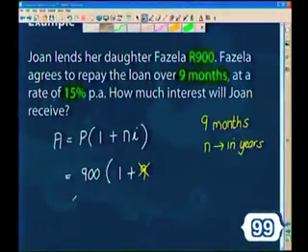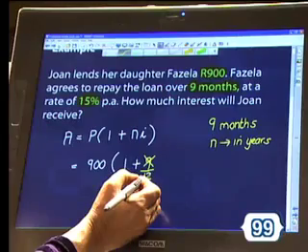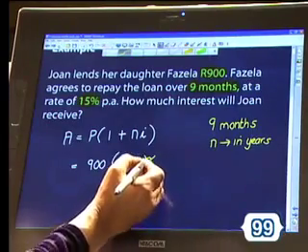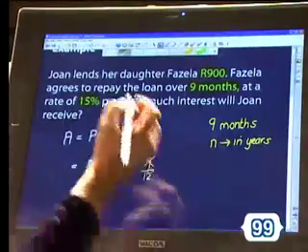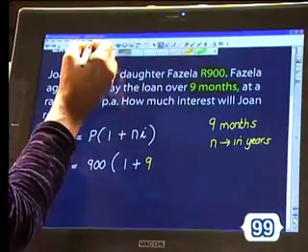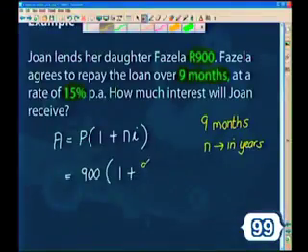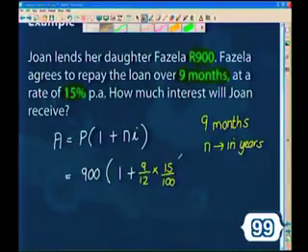But what I can do is I can say it's 9/12. So in other words, 9 out of 12 months is going to be the portion of the year that it's going to be in the bank. Okay? So let's just remove that for us quickly and say that that's going to be 9/12 of a year, and we're timesing it by the interest rate, which is 15 over 100.